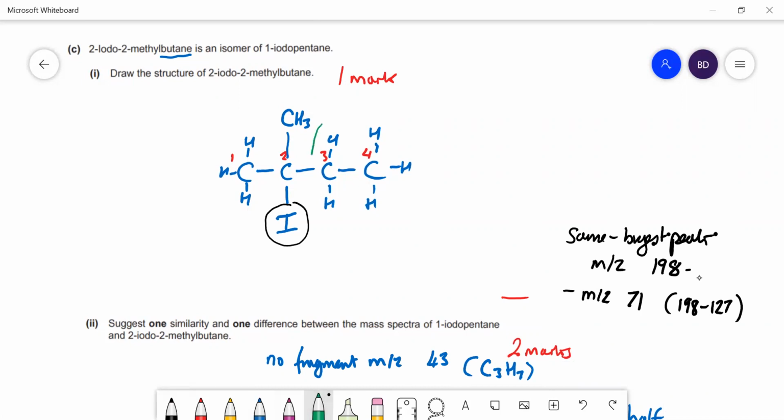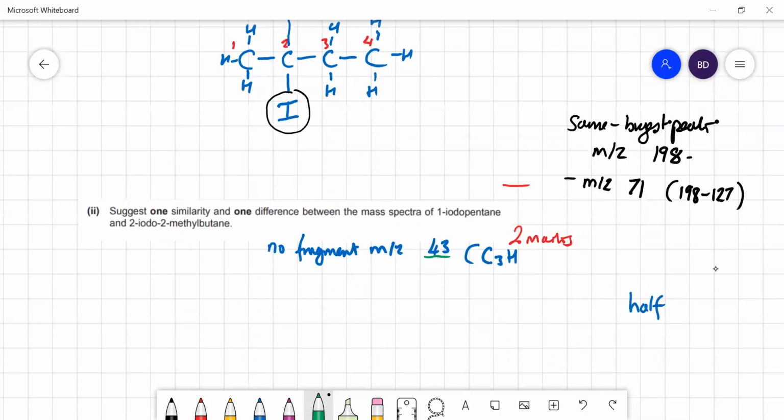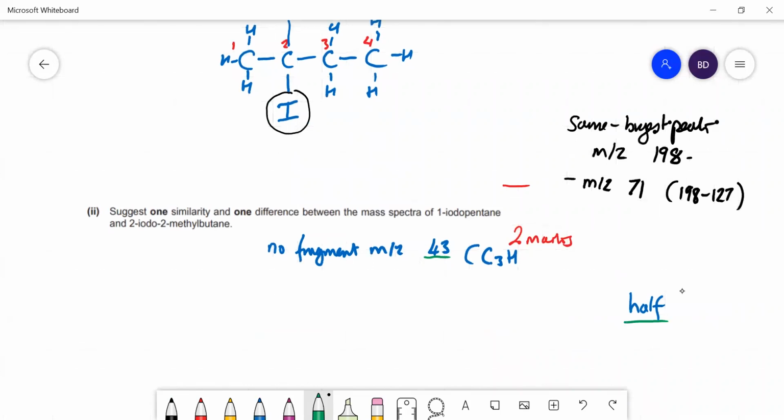Because, you know, you can get that would be 29. That's not right. If it broke there and there, then yeah, you could get a fragment of 43, but that would have to break in two places. So with it breaking in one place, you cannot get a fragment of 43. It's impossible. So that would be probably the most obvious difference. And that is halfway. So I'm going to end this video here and continue in the next video.